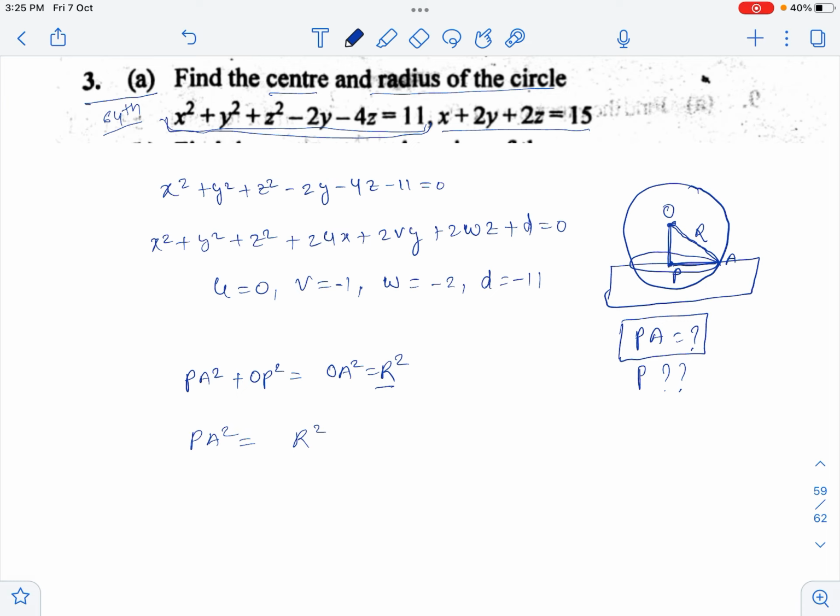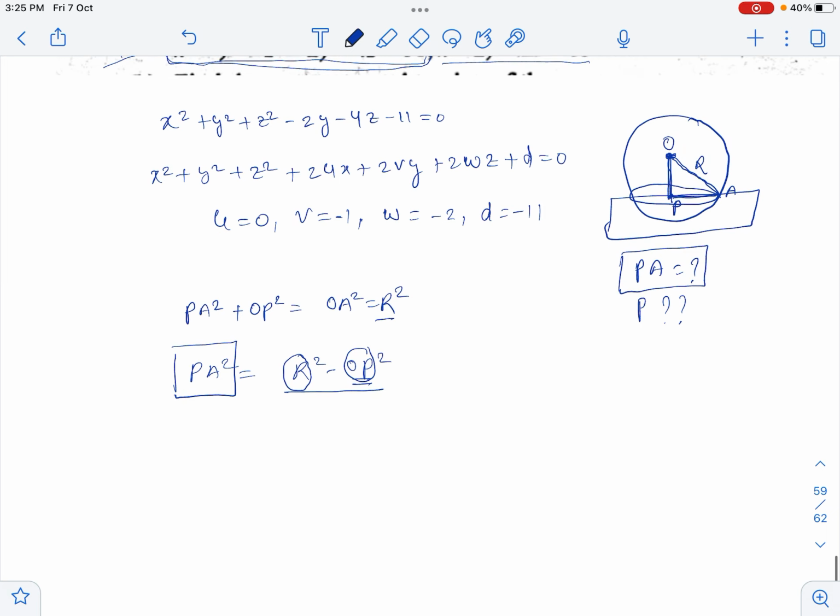So PA square is equal to R square minus OP square. That means first we need to find the radius of the sphere, and then we need to find OP, that is the perpendicular distance from the center of the given sphere to the plane, that is OP. So then we can obtain this PA.